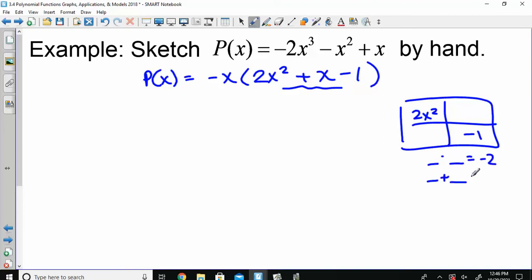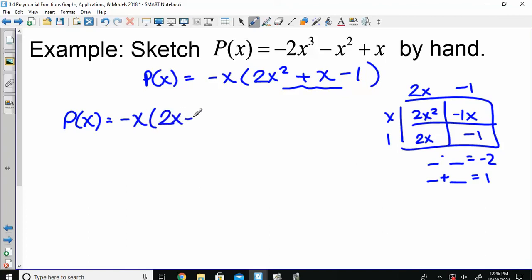So those multiply to a -2, and I need them to add to a positive 1. So if we factor, we get 2x minus 1, x plus 1. So my polynomial is -x times 2x minus 1 times x plus 1.